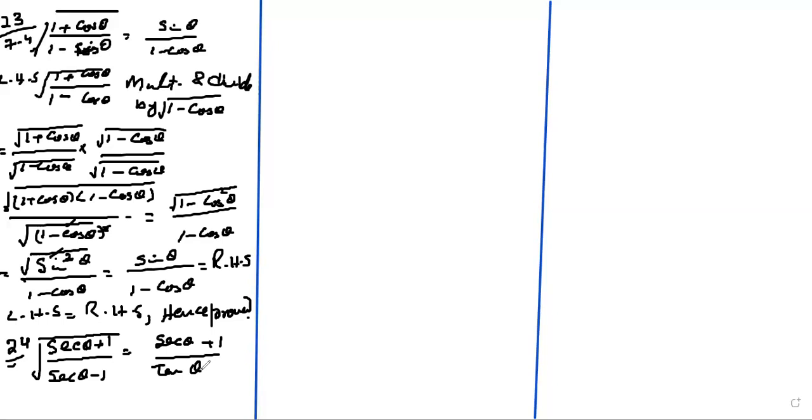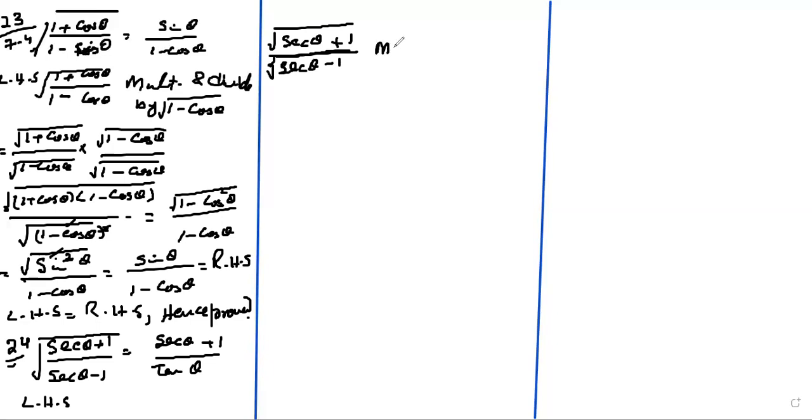So again, we take the left-hand side. Left-hand side is secant theta plus 1 divided by, we take them separately, okay? Divided by secant theta minus 1. Right?